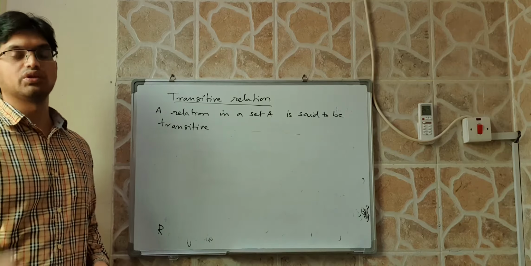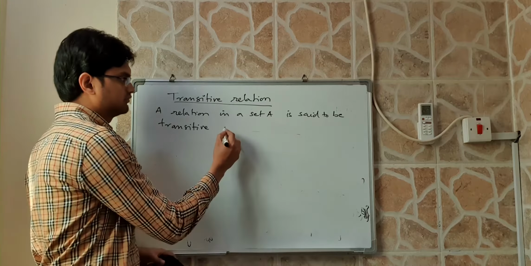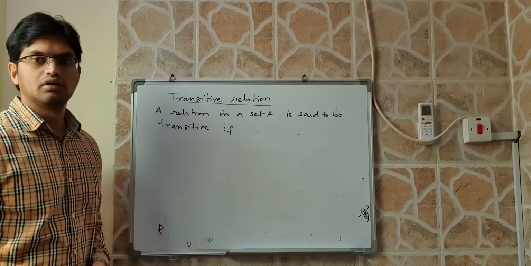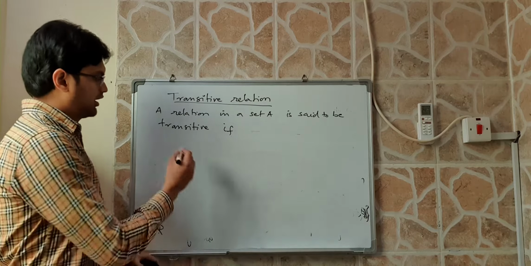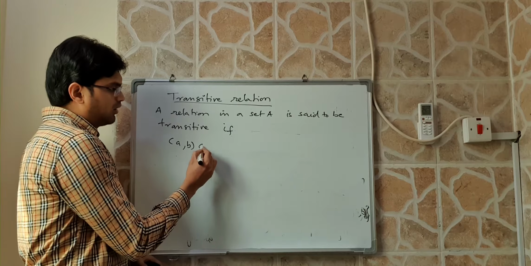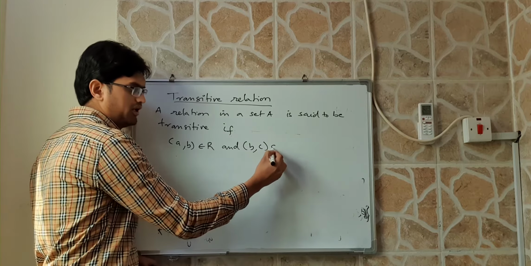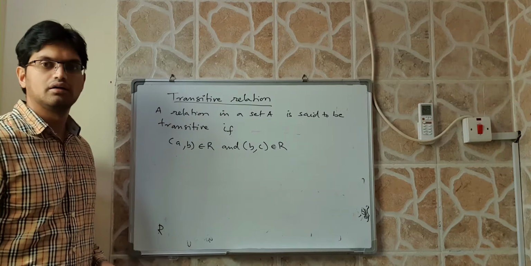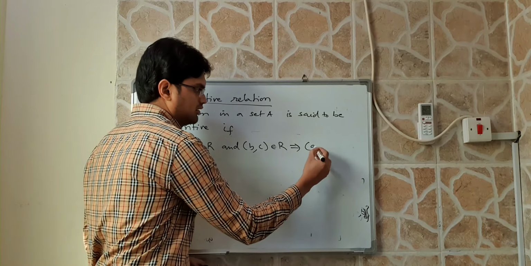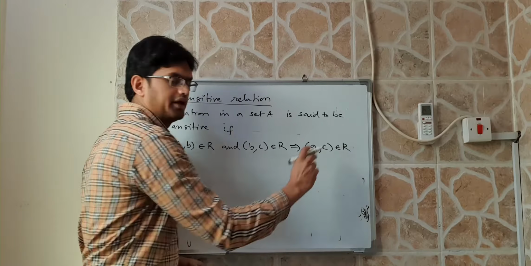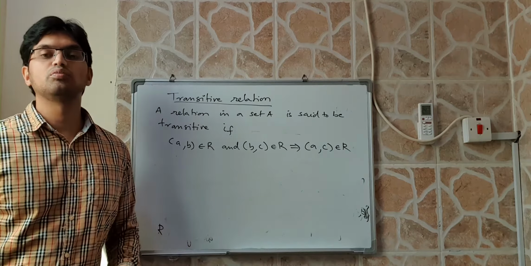Please try to focus on the condition now. If A comma B belongs to R and B comma C belongs to R, implies A comma C should be there in R.